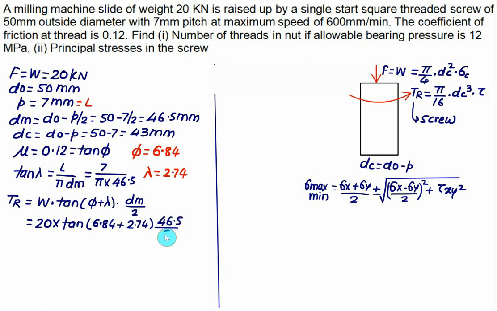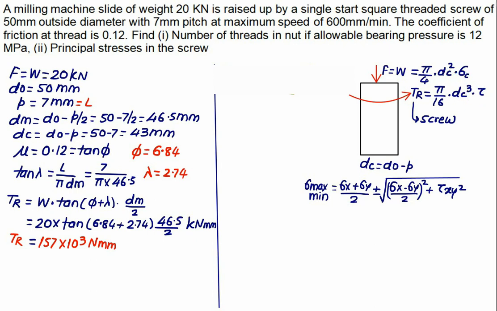This answer will come in kilonewton mm. Multiplying by 1000, you will get this answer close to 157 into 10 to the power 3 Newton mm. F is known, Tr is known, so we can calculate the value of sigma c and tau.